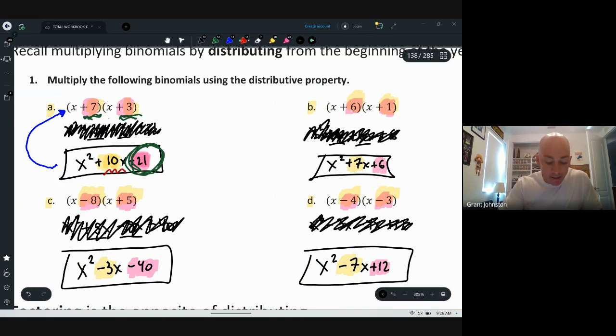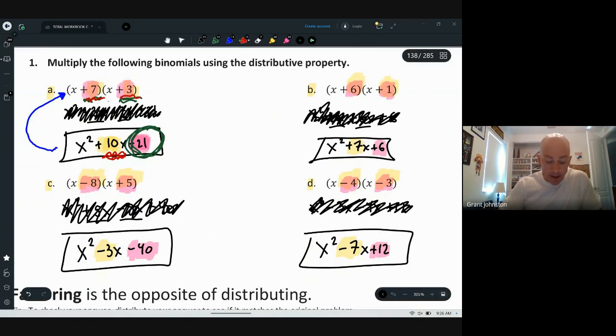And this 10 was the sum of 7 and 3. That was the pattern we saw, even with C. This negative 40 was the product of 5 and negative 8, and this negative 3 was the sum of negative 8 and 5.